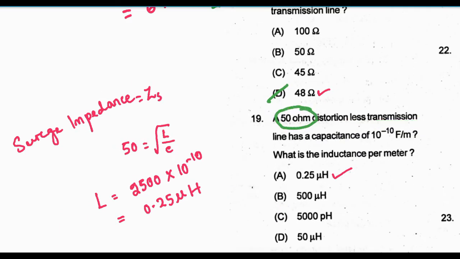Surge impedance is given by root of L by C, where L is the inductance and C is the capacitance of the line. So 50 equals root of L by C, and given C, we have to find L. L is equal to 50 squared, that is 2500, into 10 to the power minus 10. So we get 0.25 microhenry. That means option A is the correct answer.